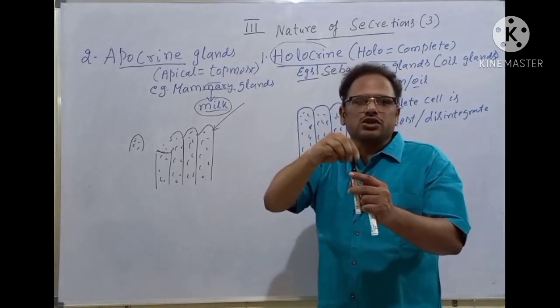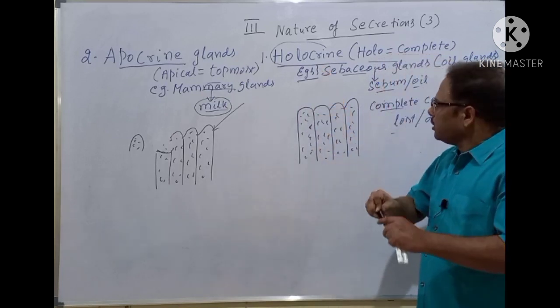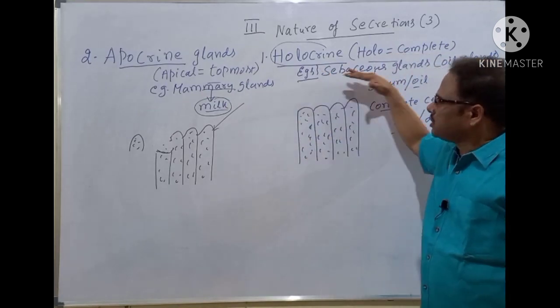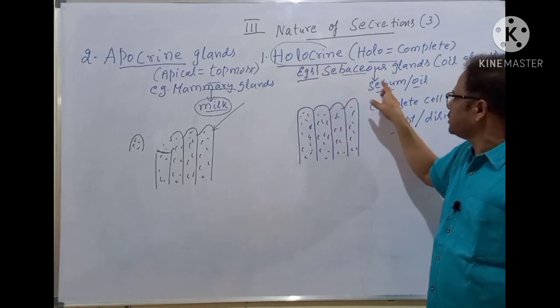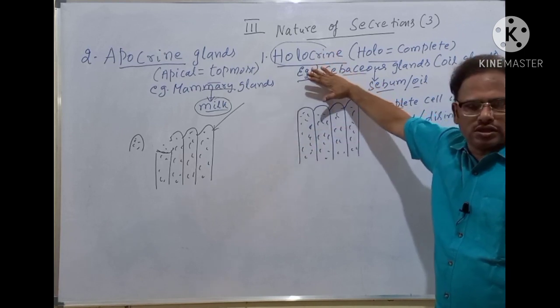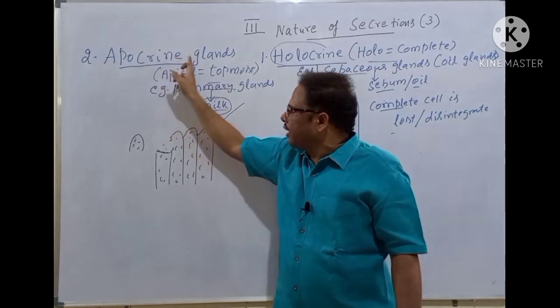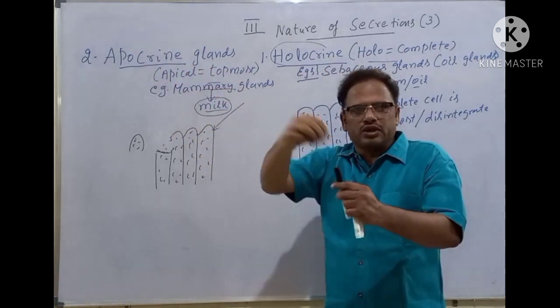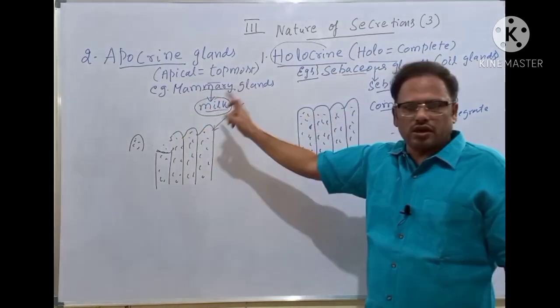Here in the case of holocrine, the complete cell is disintegrated. Holo means complete. Example, sebaceous glands, they secrete the sebum or oil, during the secretion of which the complete cell is lost. Whereas in the case of apocrine gland, only the apical part is pinched off, cut off. Example is mammary glands, during the secretion of the milk.